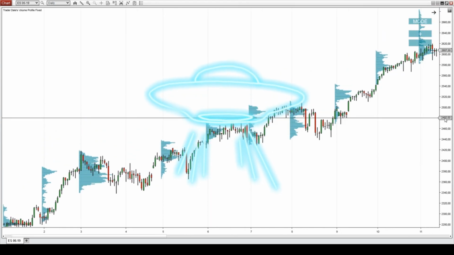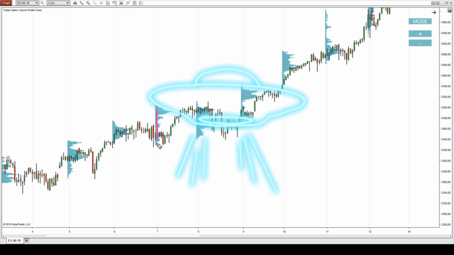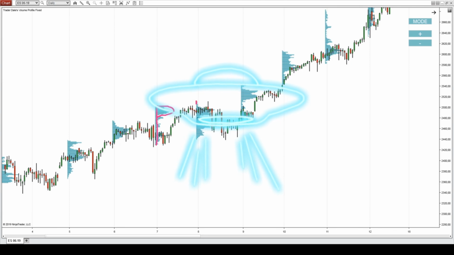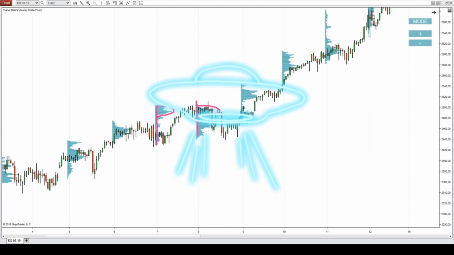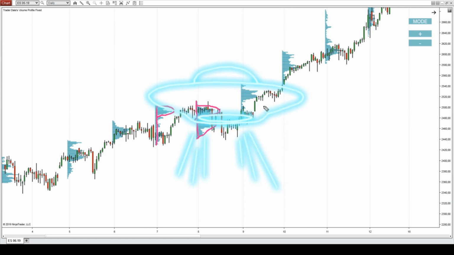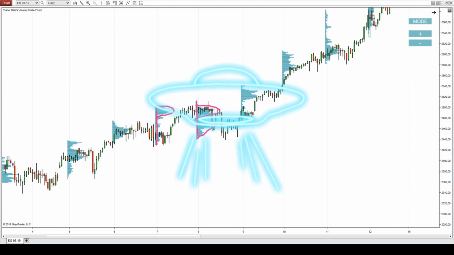Those are signs of strong buyers, signs of a strong trend. Then there is a P-shaped profile, another sign of strong buyers. Afterwards, there is this weird profile, a sort of double distribution profile, but it's not followed by a D profile, which would indicate a rotation. So this doesn't really tell us anything.